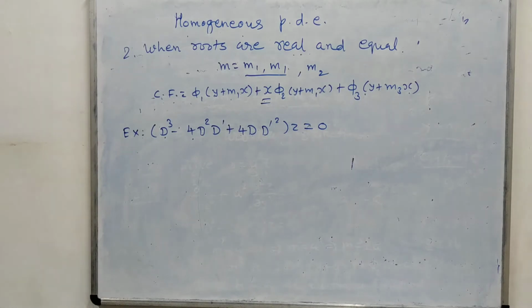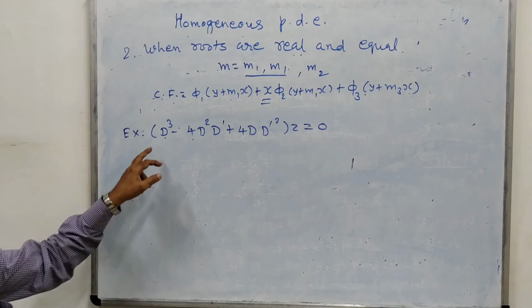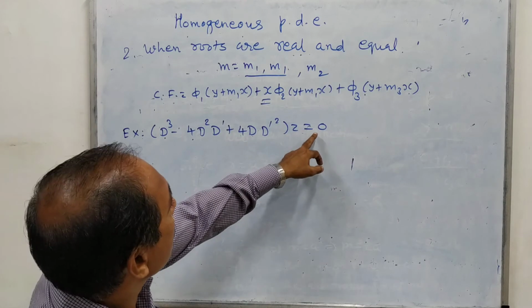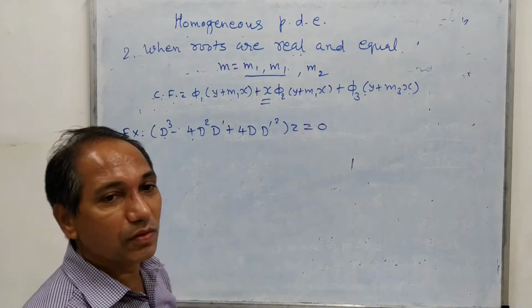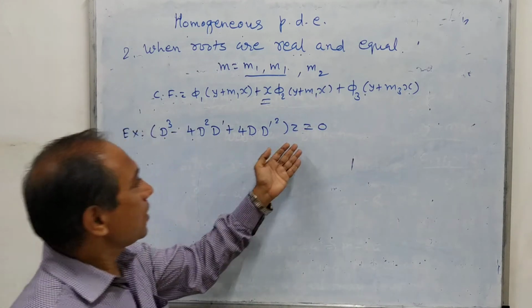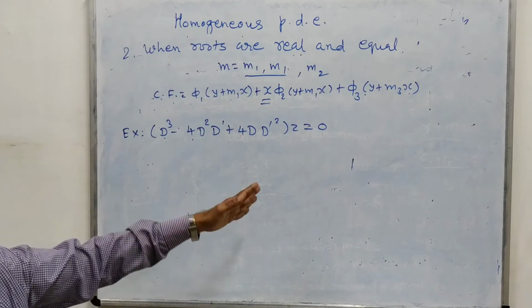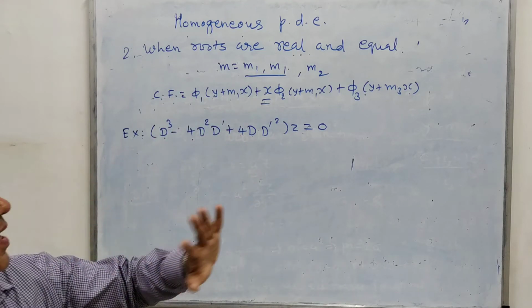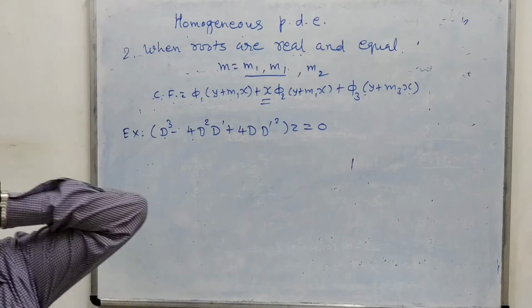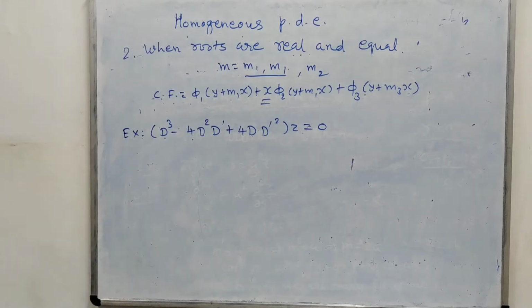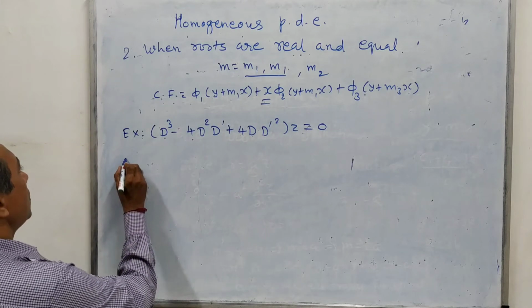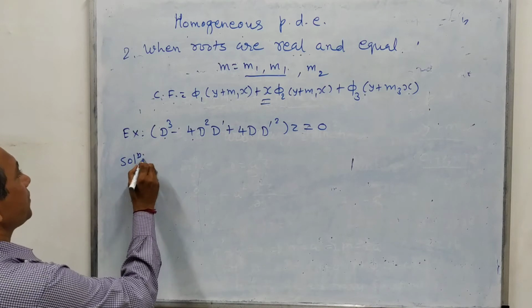Here you can note that the equation given is one in which the right hand side equals 0. So in this case our complementary function itself is the solution. No need to find the particular integral. This kind of example may also be asked in your examination. So we will find its solution.